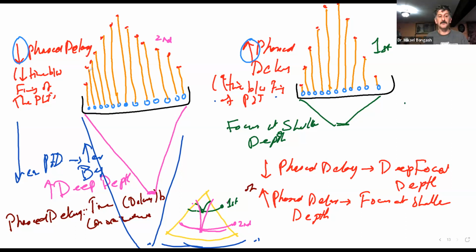The time interval between the firing of two consecutive channels or PCTs. Did you guys get that? So that will determine the focal depth.